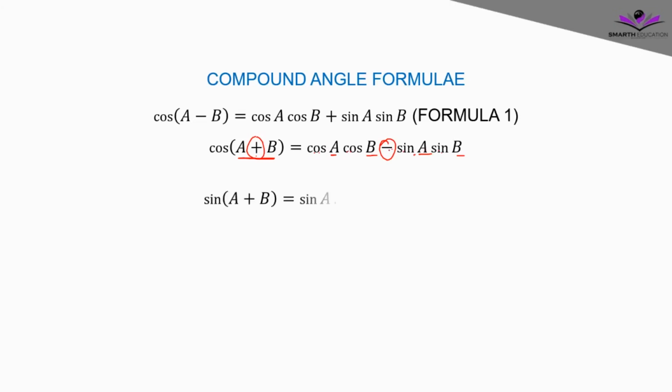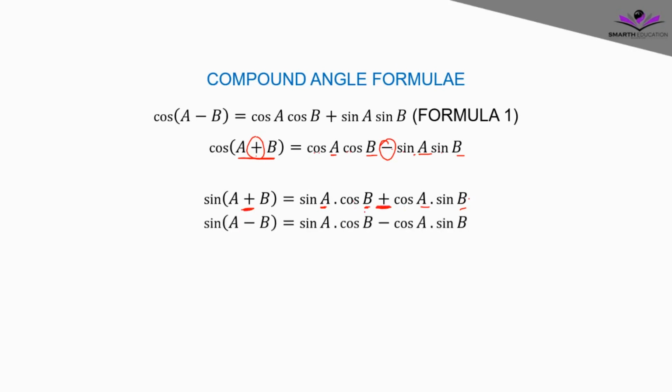And then we have also sin A plus B. If you have sin A plus B like this, the operation is maintained. You see we have plus here and also plus here. We have our A, B, A, B. It alternates: sin A cos B, then cos A sin B. The operation in the bracket and this one are just the same.